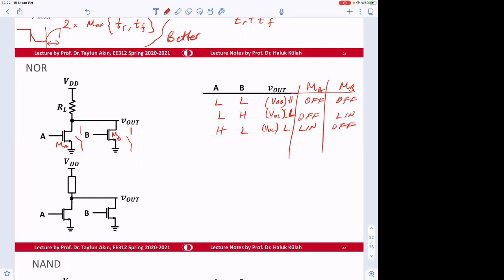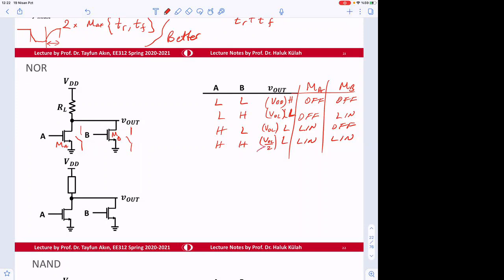But if both of them are high, output is going to be still low, but it's going to be output low divided by 2 maybe, because both of them are drawing current, but it's going to be low. So both will be in linear mode. But in principle, this is not exactly 2.